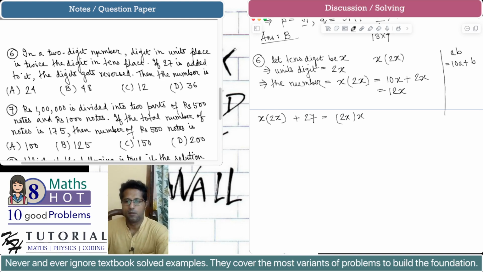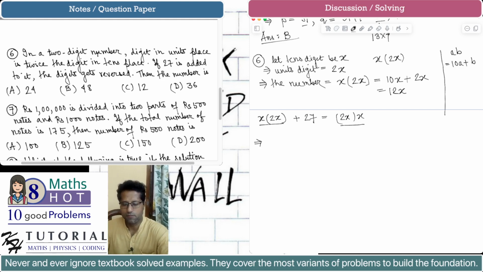Now, in the expanded form, this is the original two-digit number, and this is the same number when the digits are reversed. When 27 was added to the original number, the new number that is formed is the original number with the digits reversed.